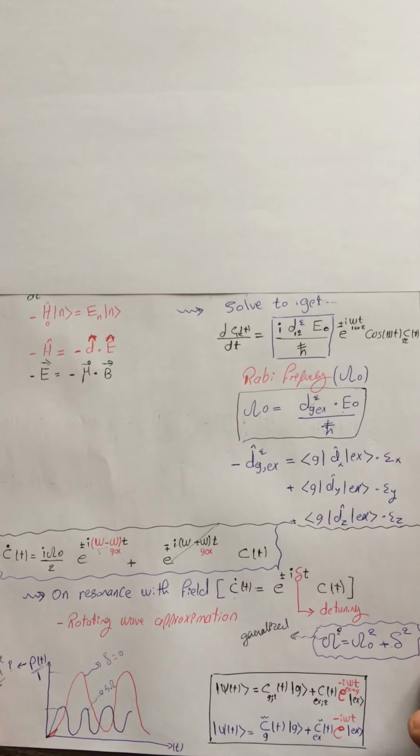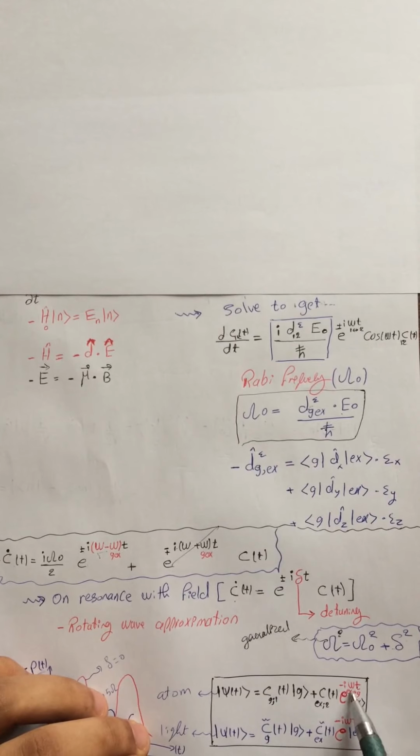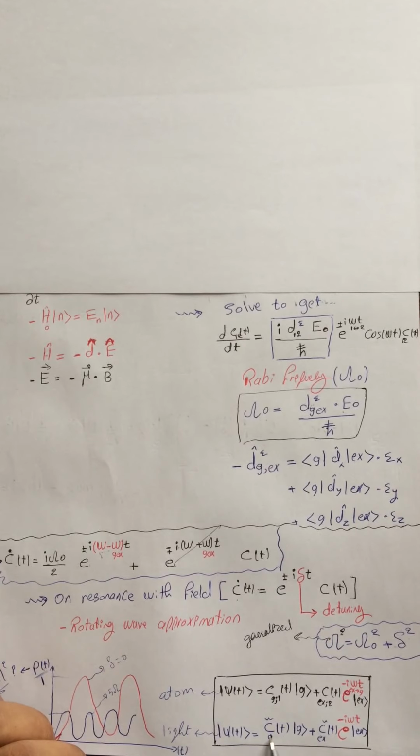Those equations are just the rotating wave approximation for the atom here and for the light here. Look carefully at this. The only difference is the expression for the omega for the light and for the atom. And here the delta for the coefficients is specialized for the light. It's the coefficients for the light in the ground state and the excited state of this harmonic oscillator of light, which is coupled to the harmonic oscillator of the atom. So this is the rotating wave for the atom, and this is the rotating wave for the light.